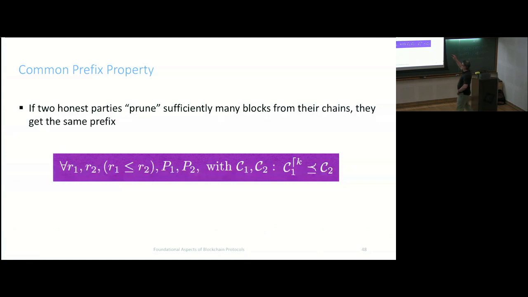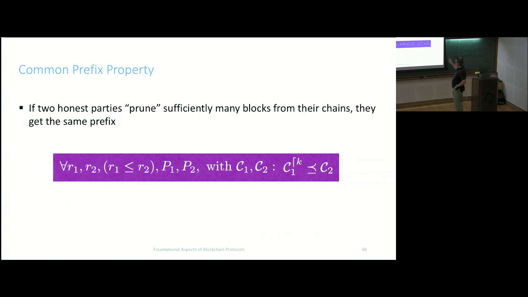So if two parties prune sufficiently many blocks, they get the same prefix, and it can be expressed as this. R's are round numbers. P1, P2 are two arbitrary parties. They have C1 and C2. And this is saying, I have C1, I shave off the last K blocks.